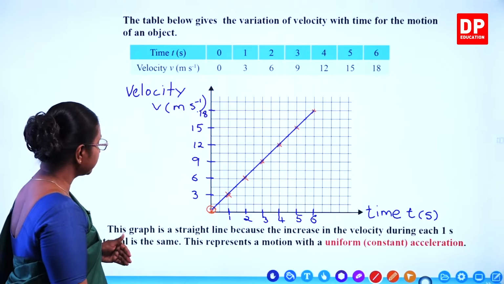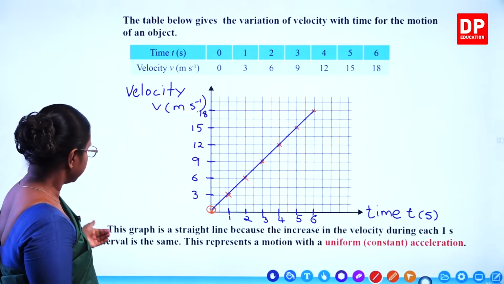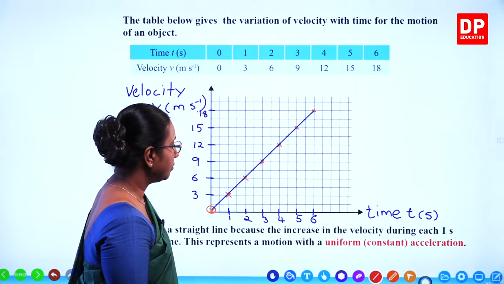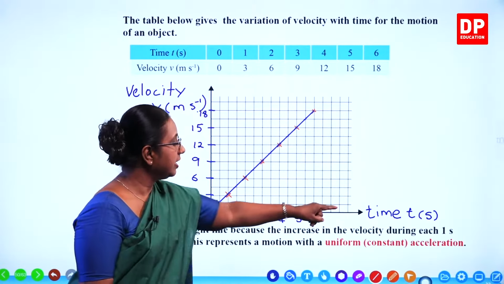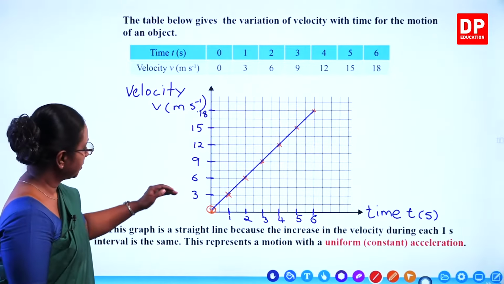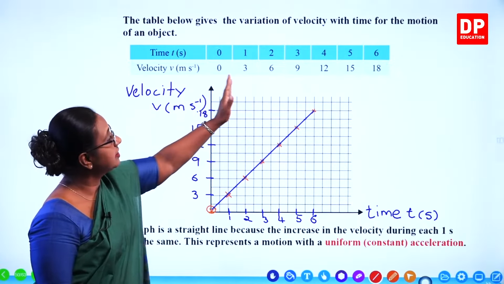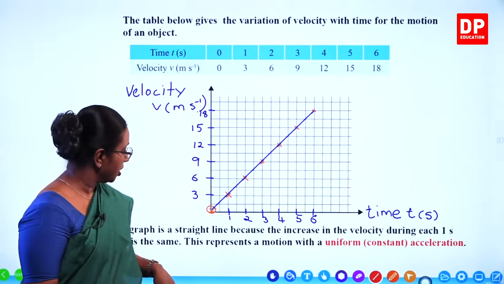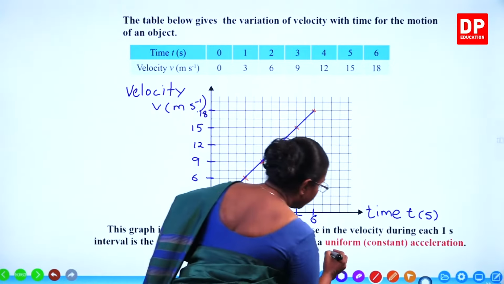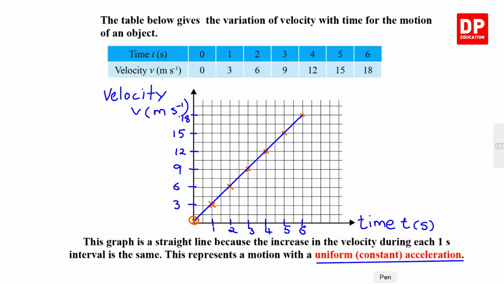From this graph we can conclude that this is a straight line because the increase in the velocity during each 1 second interval is the same. Each second the velocity increased by 3 units. Therefore this represents a motion with uniform or constant acceleration.